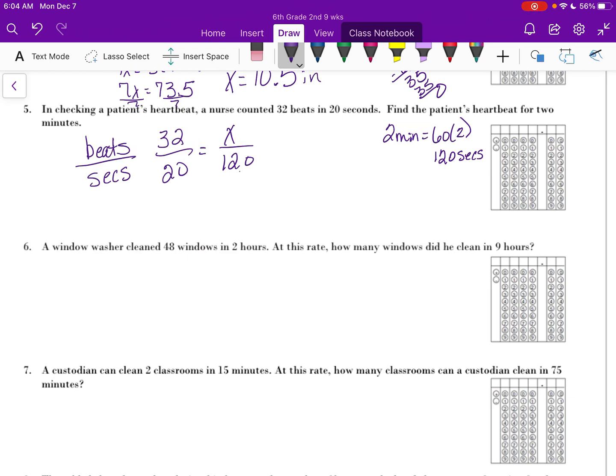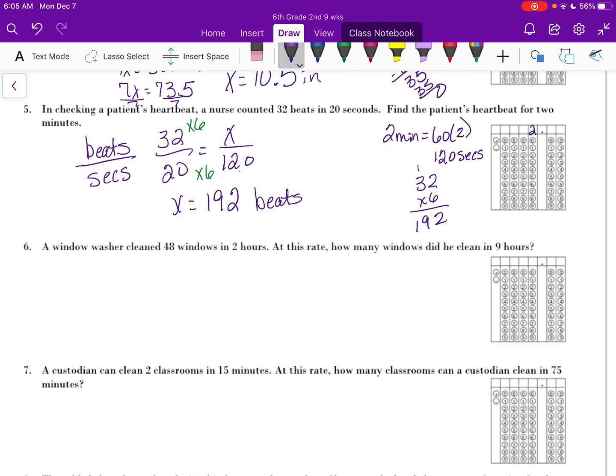Okay, so 20 times what gives me 120? Well, I know it's going to be 6. So all I have to do is multiply 32 times 6 to get my answer. So in 2 minutes, their heart will beat 192 beats.